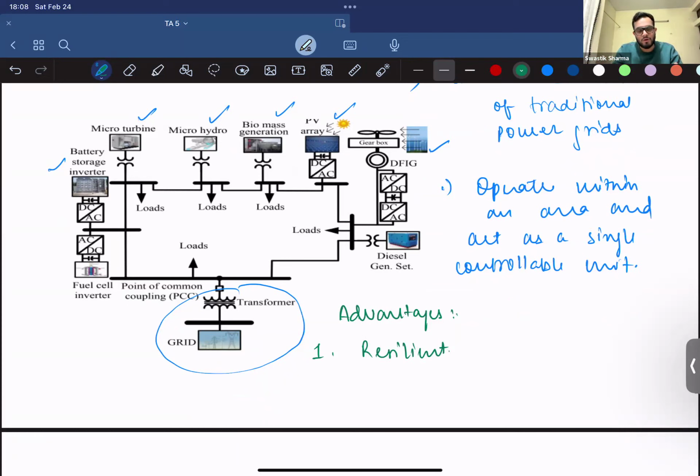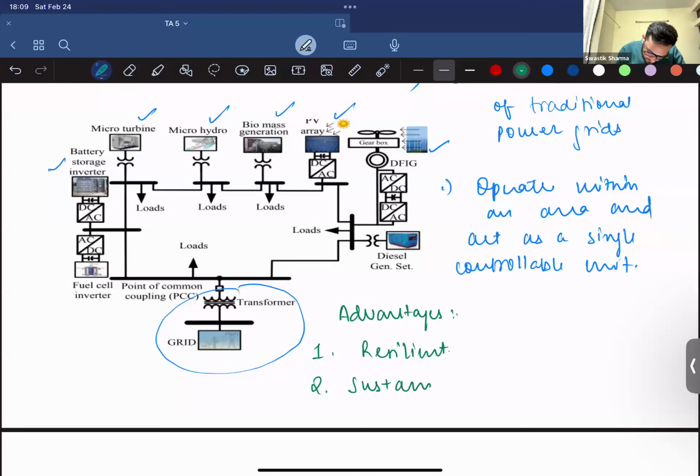So in order to serve our household loads and other loads that are critical, like hospital loads, they need to be served at all times because these are things that can't operate without electricity, right? So to make power systems resilient, these microgrids were focused upon. So earlier they started from small diesel generators and then they shifted to other renewable based resources because these can easily be mounted at distribution side.